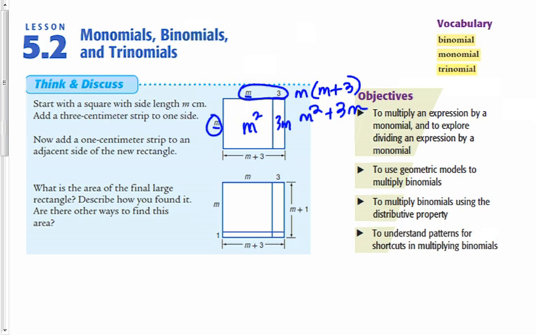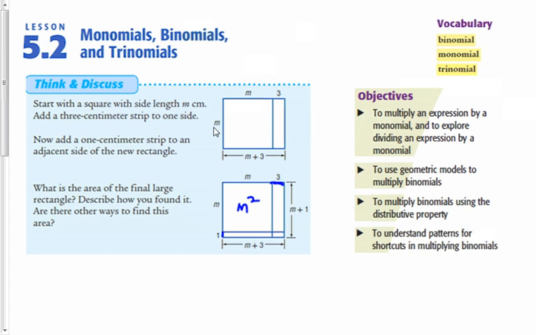Okay, let's say we have that original square, and then we add onto both dimensions. Here's our original m squared. We added 3 to the length and 1 to the width. Here's the 1, here's the 3.